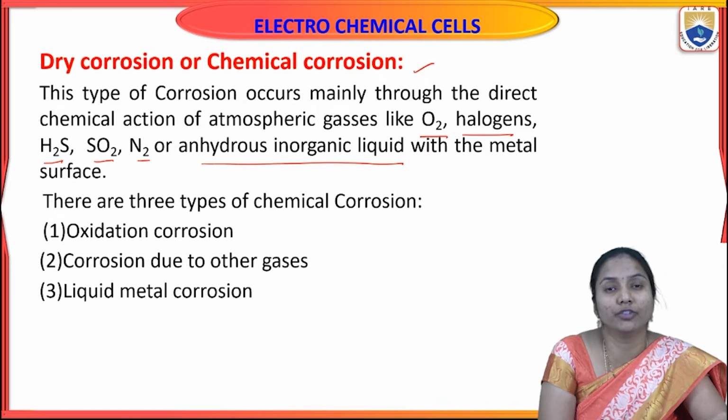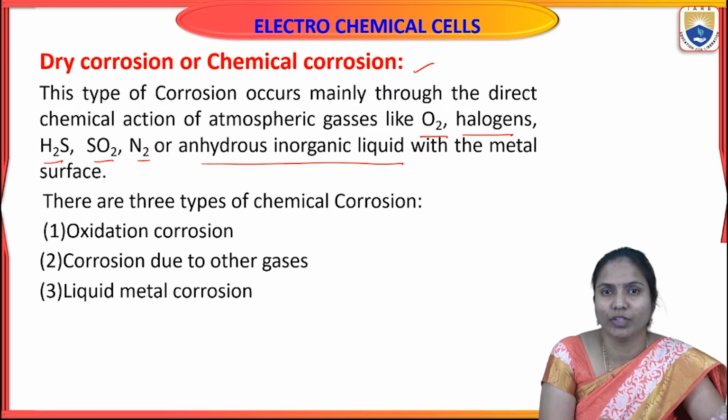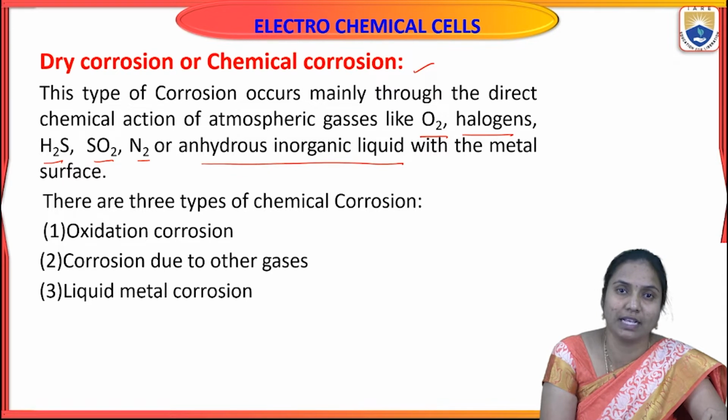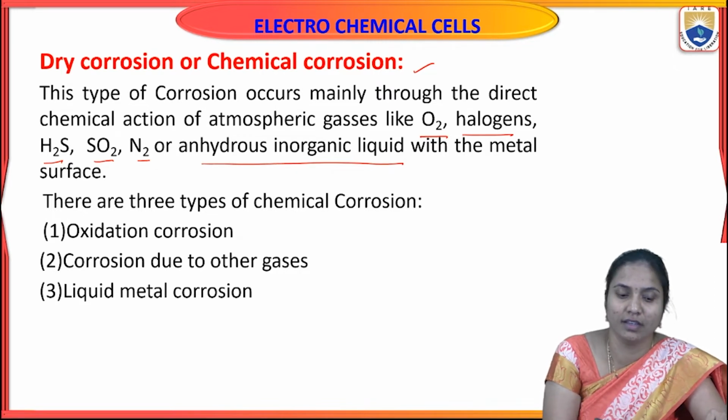Environmental factors like pollution, air, temperature and humidity also affect the metal surface. In this case, the metal undergoes corrosion when it interacts with these gases.